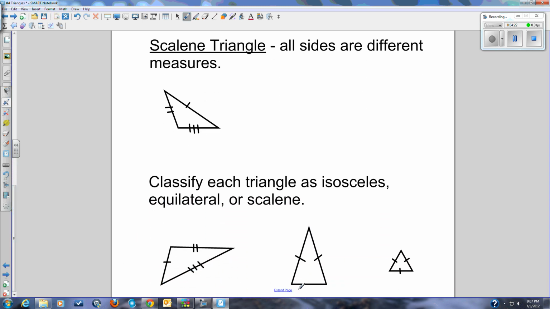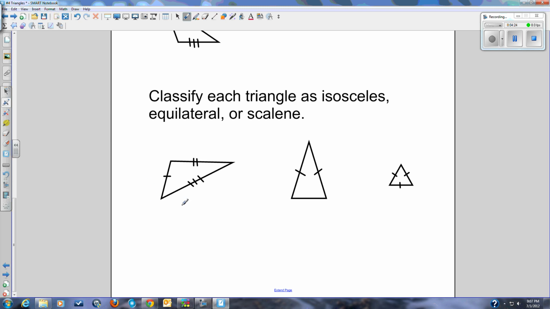Now in these pictures, we want to classify each triangle as isosceles, equilateral, or scalene. Now in this first triangle, all the sides are different lengths. So we'll say that this one is scalene. In the second triangle, we have 2 sides that are equal in length.